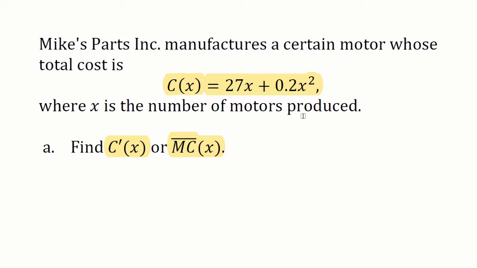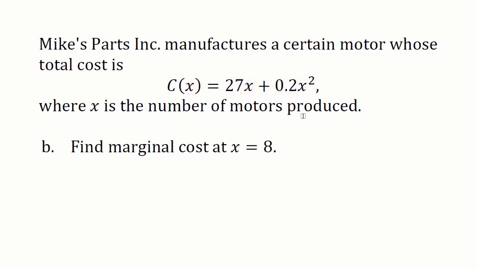All right, now we are ready for part B of the example. Here the wording is making it clear: find the marginal cost at x equals 8. We are looking at the exact same function because we're in the same company that manufactures the same kind of motor, and x has the same meaning.